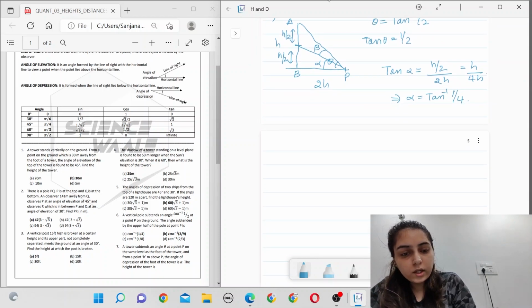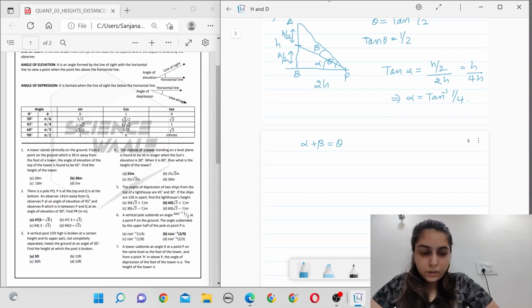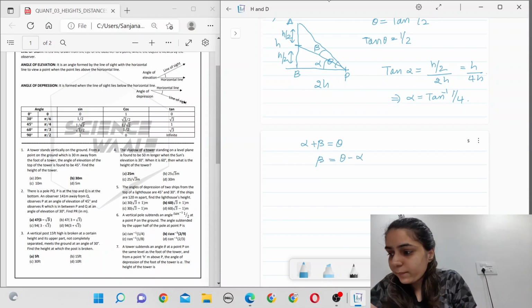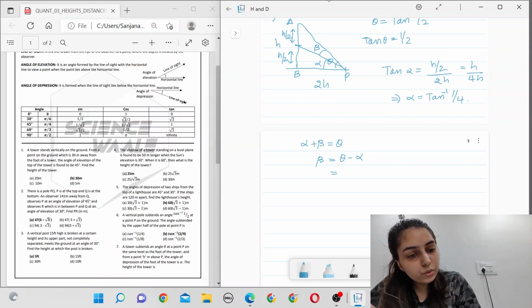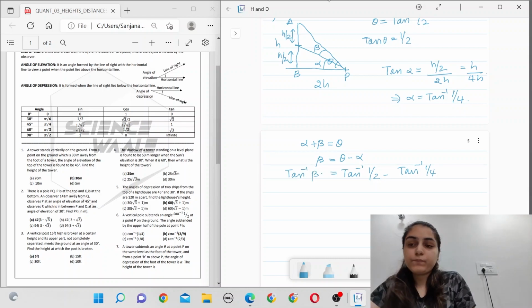So if we now look at the diagram very carefully, it means that alpha plus beta is equal to theta. They have asked us to find beta. So beta is equal to theta minus alpha, that is, theta is tan inverse 1 by 2 minus alpha is tan inverse 1 by 4, which is equal to tan inverse beta.